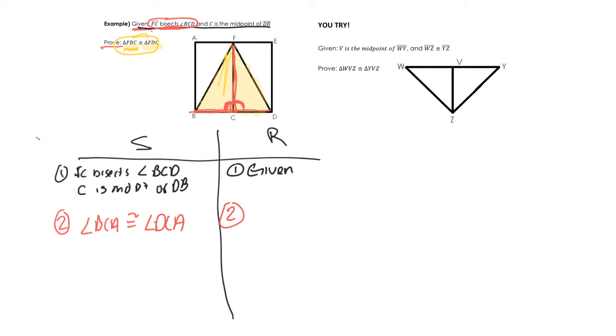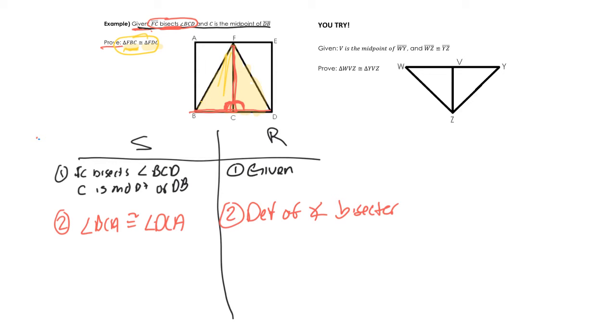And we're using the definition of an angle bisector. I know that because it says bisects angle BCD, so it's talking about an angle bisector. Now, some students might say, oh, these are 90-degree angles. Yes, that is true. You don't have to write it, though. We're just trying to prove they're equal.